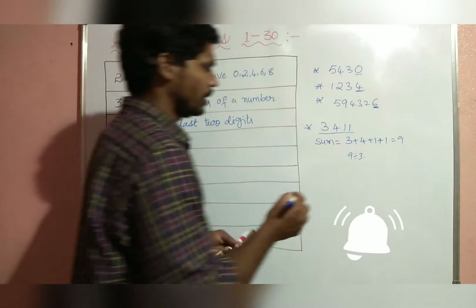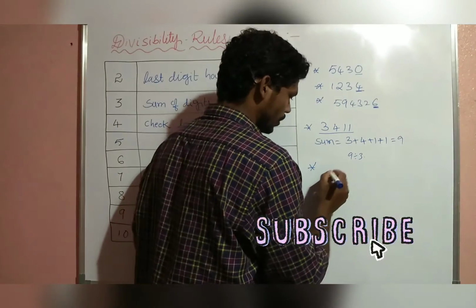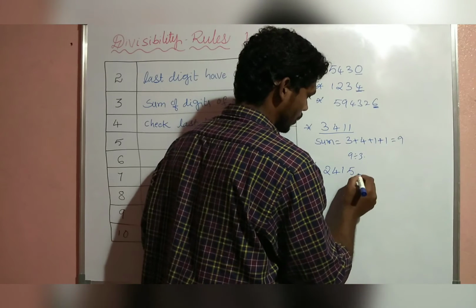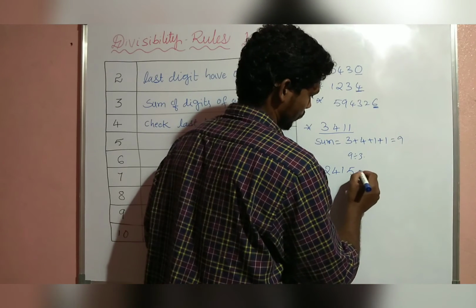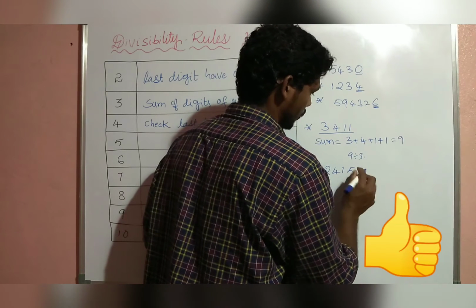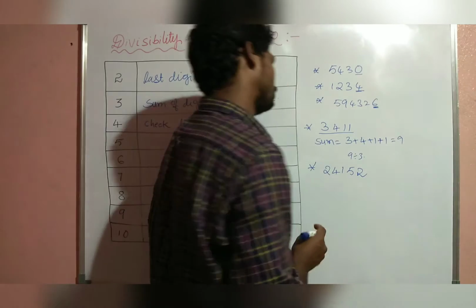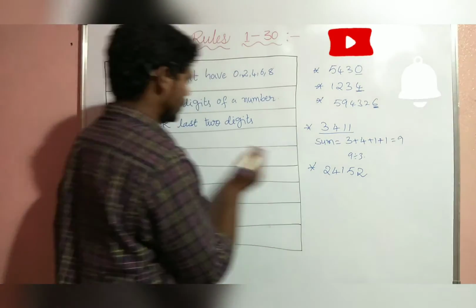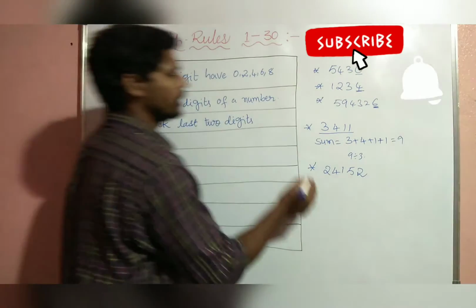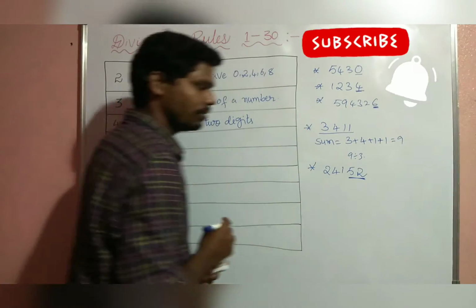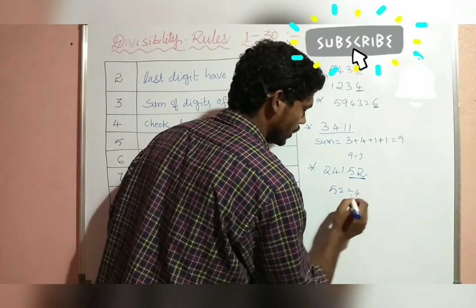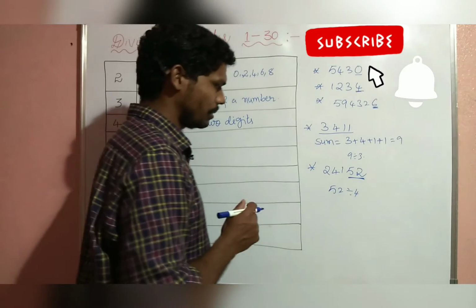For example, one problem here: 24152. Check the last 2 digits, that is 52. Take 52. If 52 is divisible by 4, then the given number is also divisible by 4.